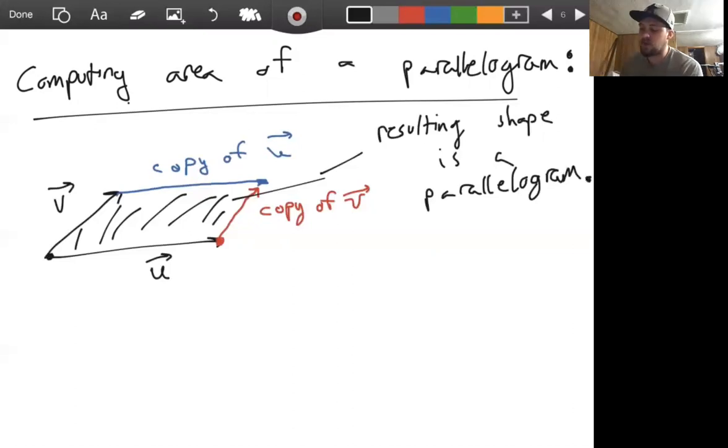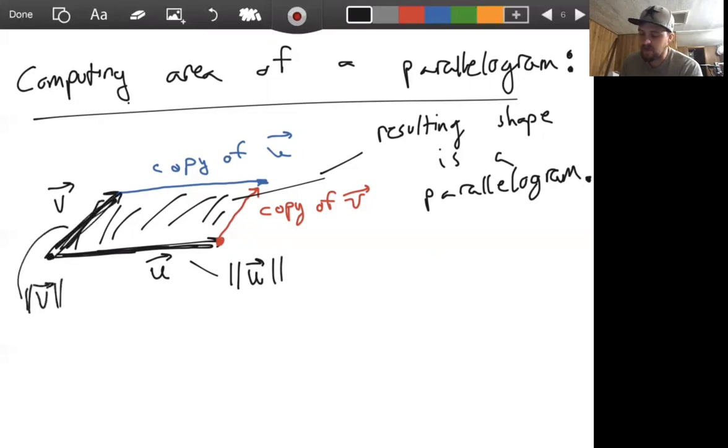Which means then, what are the side lengths here? Well, this side length has a magnitude of u because it's just however long the vector u is, right? And this side length has a magnitude of v because it's just however long the vector v is. And those are given by the magnitude. Okay, and so what's the area of a parallelogram?